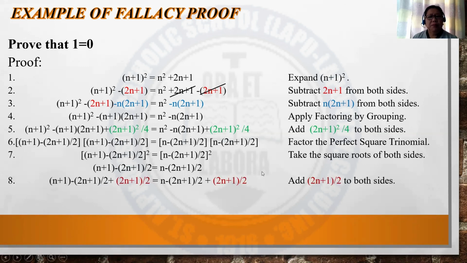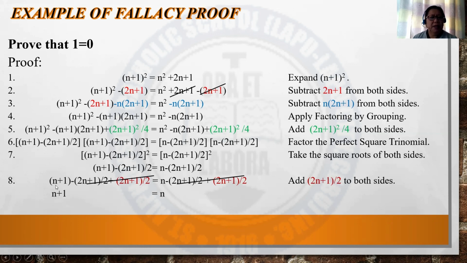And then you add 2n plus 1 all over 2 to both sides. So here you add 2n plus 1 over 2, the quantity 2n plus 1 over 2. So you can eliminate this. This is equivalent to 0. And also this one. This is equivalent to 0.